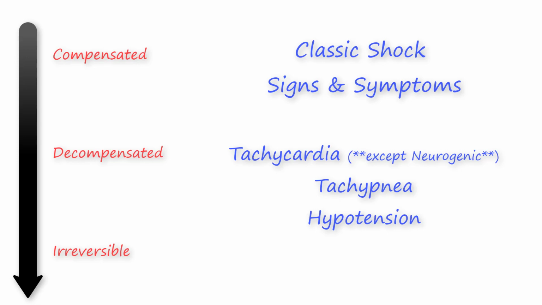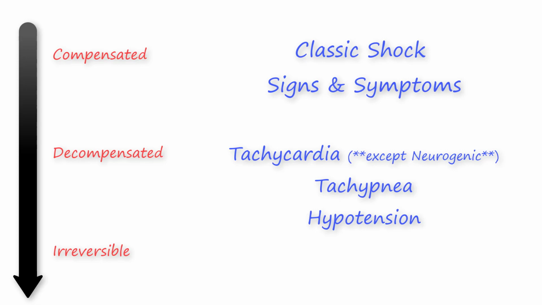Once it's completely lost the battle, we shift over and say you're in irreversible shock. Now your body is not even trying to maintain a blood pressure anymore. Heart rate's dropping, respiratory efforts dropping, blood pressure's in the tank, and you're really in bad shape at that point.